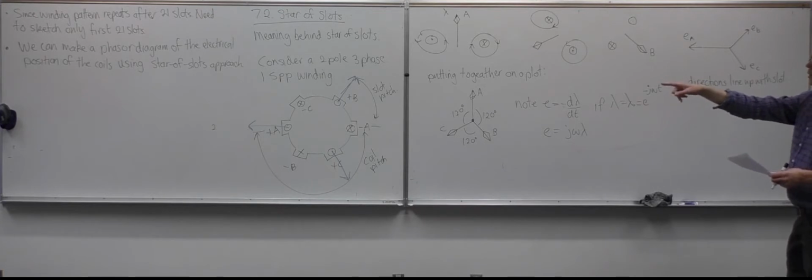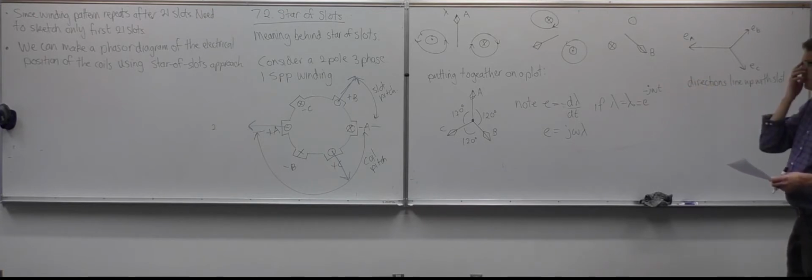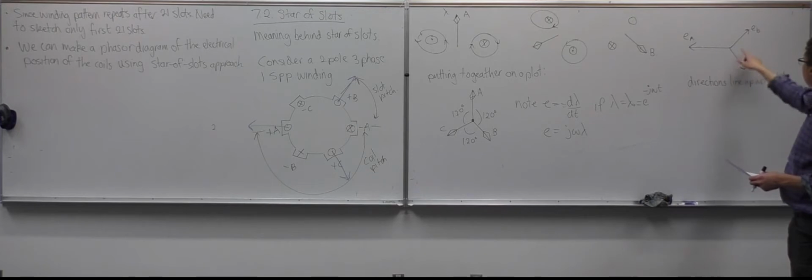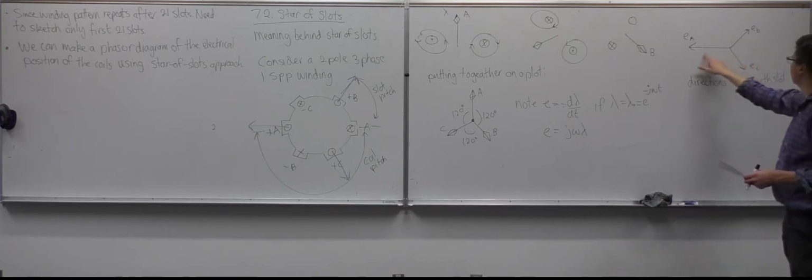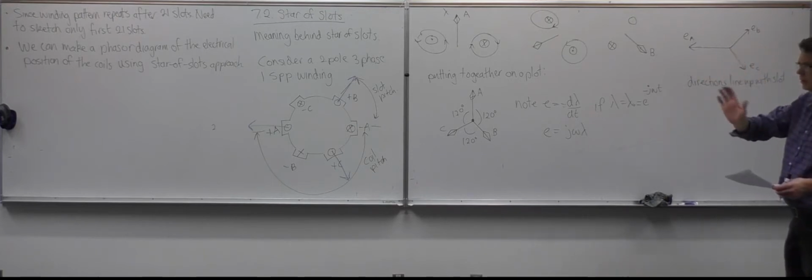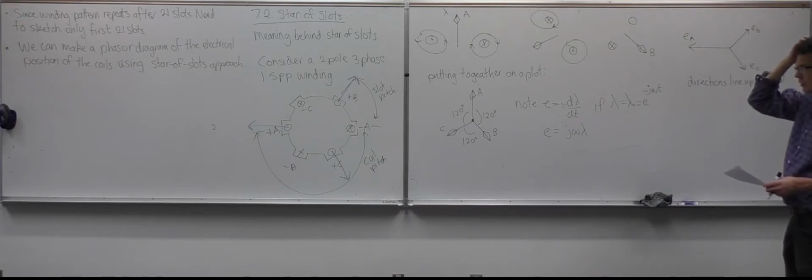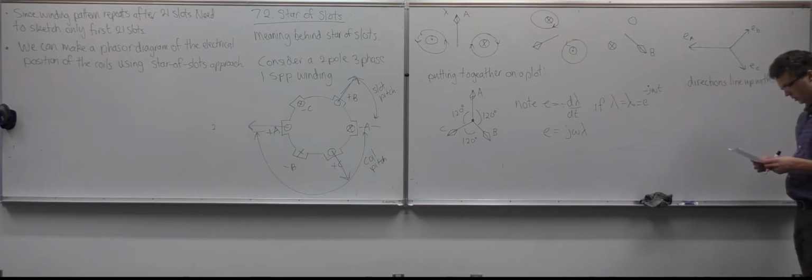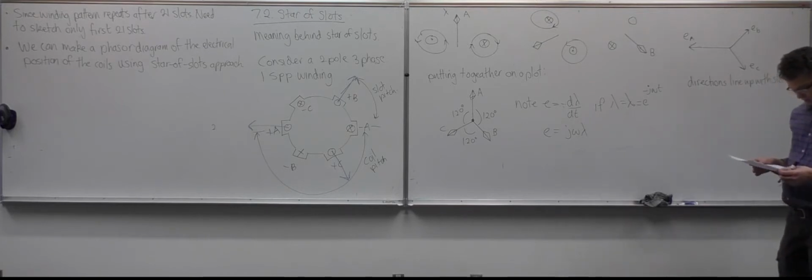So we can then instead draw up a diagram where we have voltage vectors coming off from the slots if they're positive, and if it's negative, going in the opposite direction. Okay, and this concept is called the star of slots.